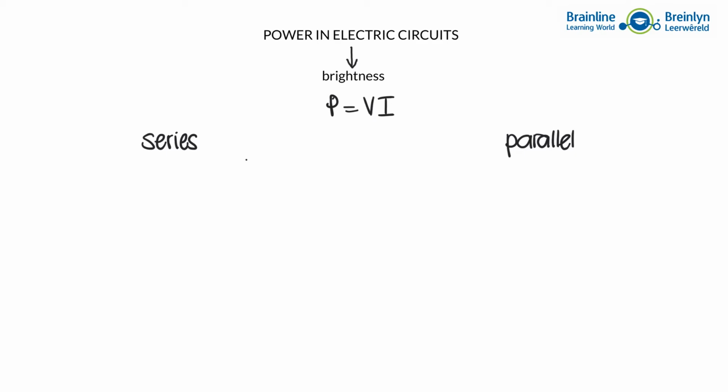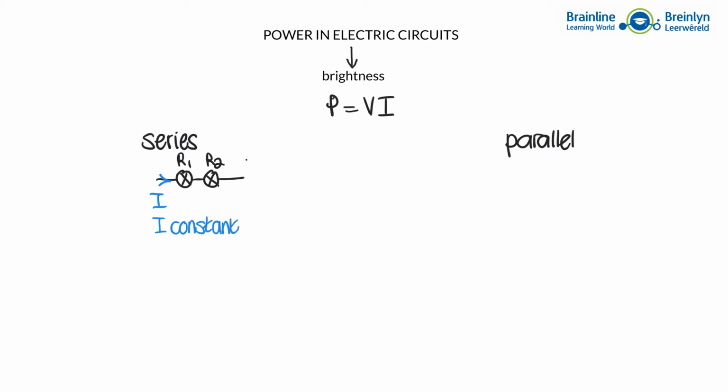If we have bulbs that have been connected in series, we know that the current which flows through one of the bulbs also flows through the other. In other words, if this bulb was labeled resistor 1, this one was labeled resistor 2, then the current in resistor 1 would equal the current in resistor 2. In other words, the current would be the controlled or the constant variable.